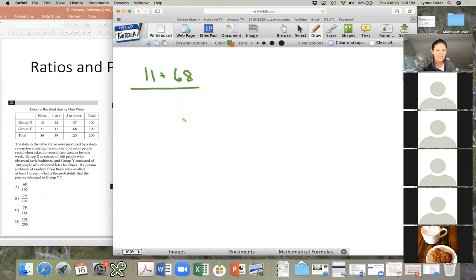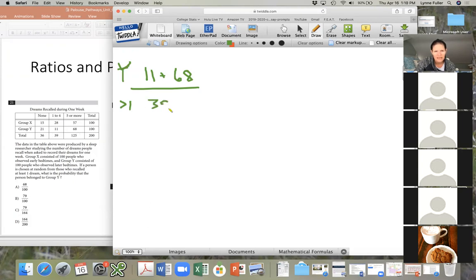And then we have to identify what is the denominator. So they're saying here, if a person is chosen at random from those who recalled at least one dream, what is the probability that they belong to Group Y? So these are the Y more than one dreamers. But the denominator has to be greater than one dream. So the total would be 39 and 125.